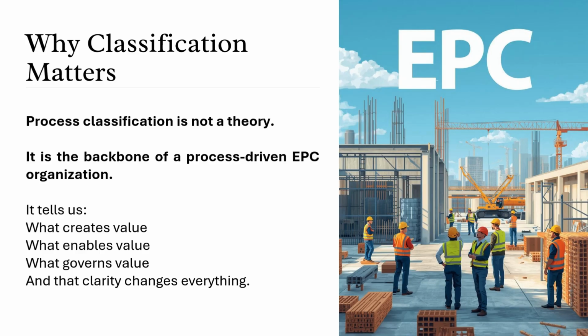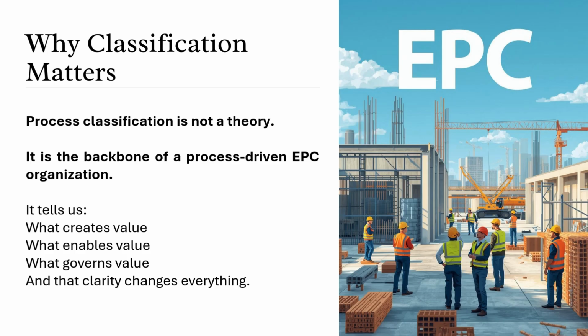It separates what enables value from what creates value. These don't build the project directly, but they enable the core to perform. And it establishes clear accountability across functions. This prevents blame, overlap, and confusion. And more importantly, it prevents the biggest EPC problem: who is responsible for what.